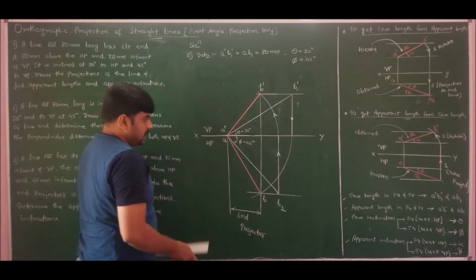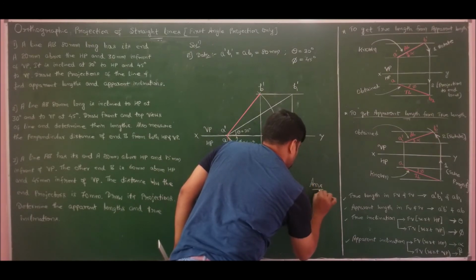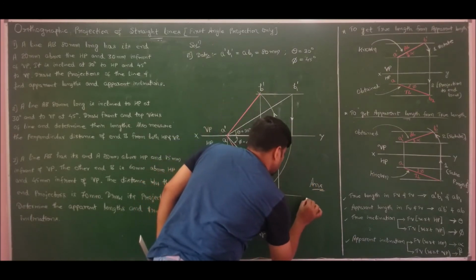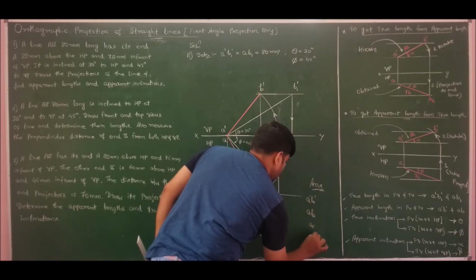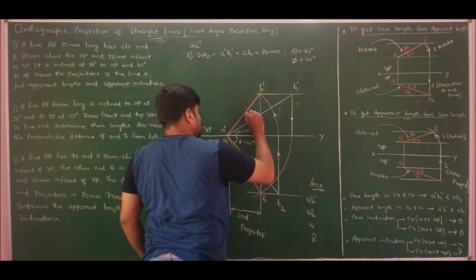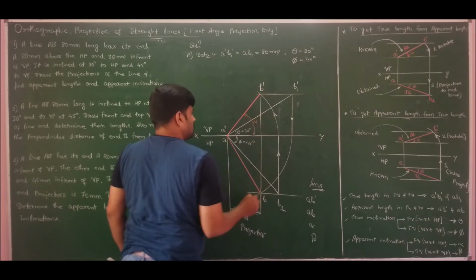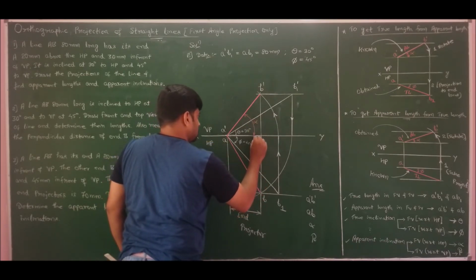Now if I list the answer for this problem, I should show A dash B dash, AB, alpha and beta. So this is alpha and this is beta.